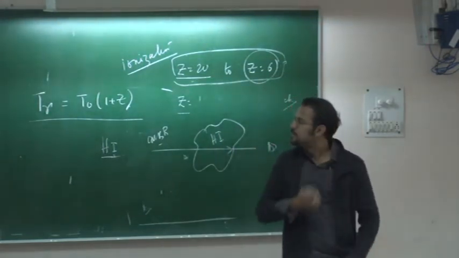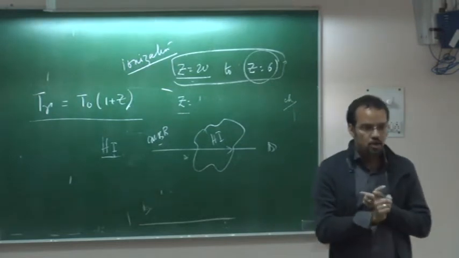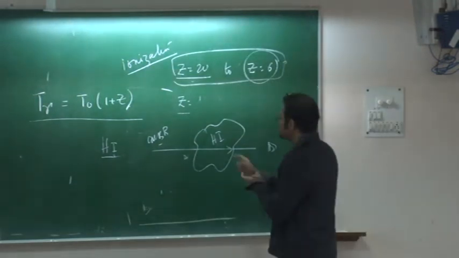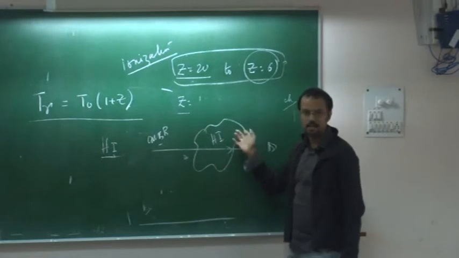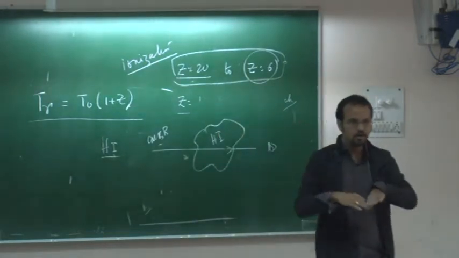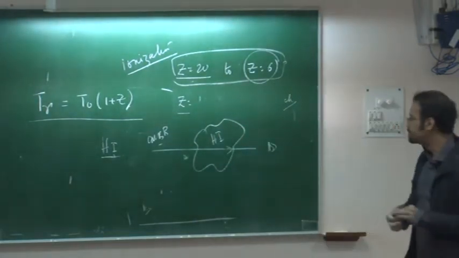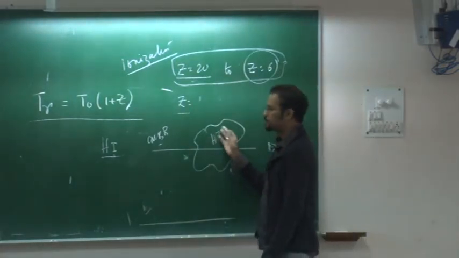So what would dictate whether you see the CMBR against this cloud as a dip or as an emission? That would depend clearly on the processes going on here.